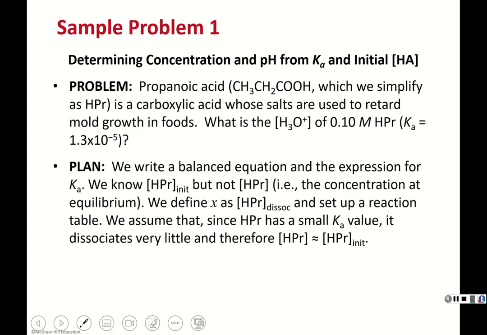We're looking for the hydronium ion concentration of a 0.1 molar solution of this acid, and the Ka value is given here. So how do we do that? Well, we follow that roadmap. We're going to first have to write our balanced chemical equation.